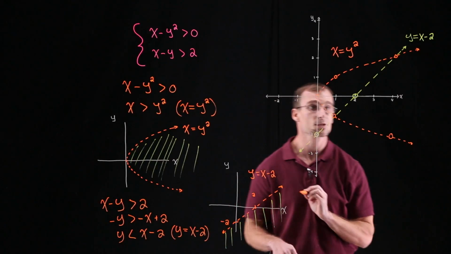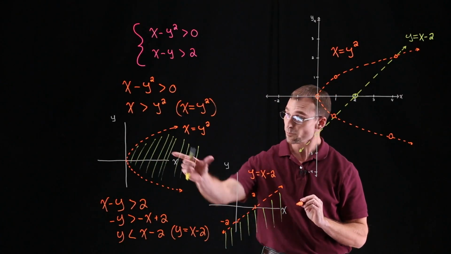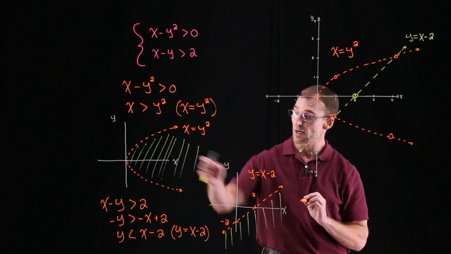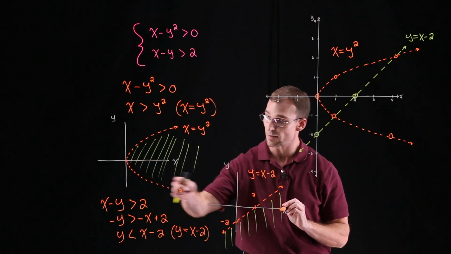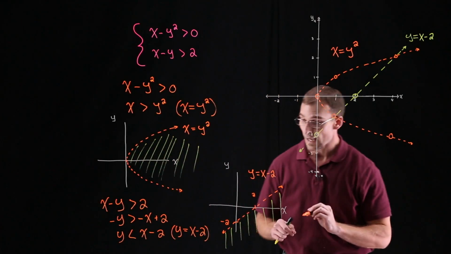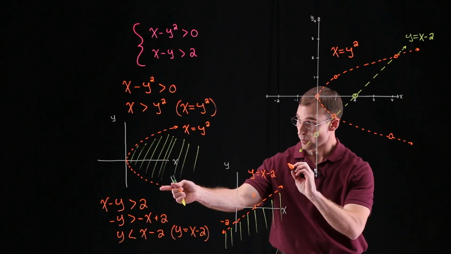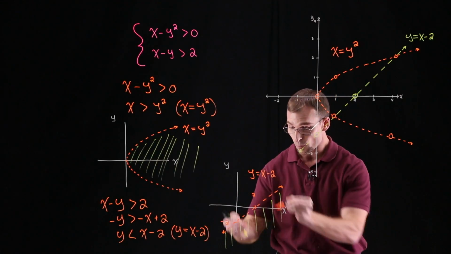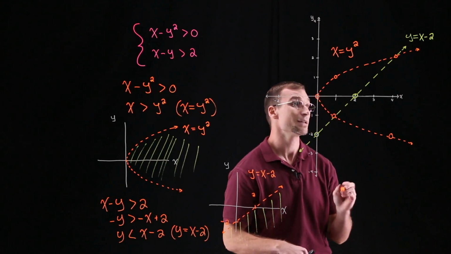So what's the solution set for our system? For x minus y squared greater than 0 by itself, it was all points inside our parabola. And for x minus y greater than 2, it was all points below this line. So where do they intersect?